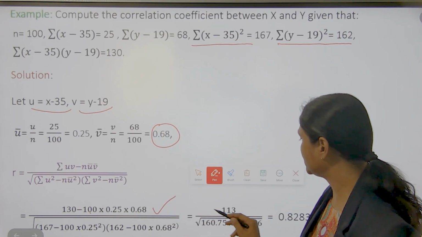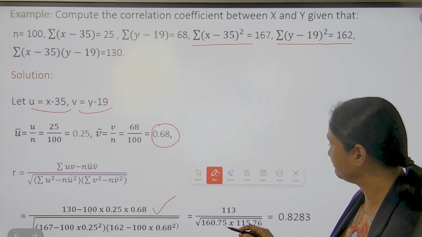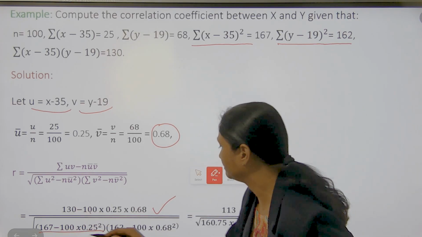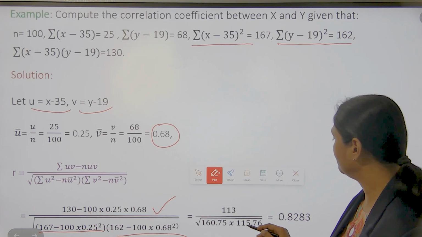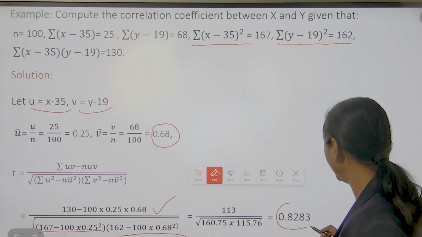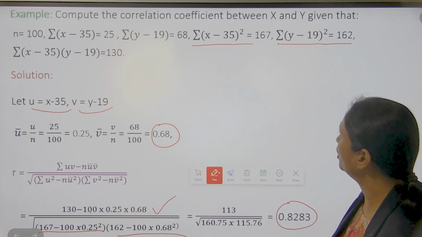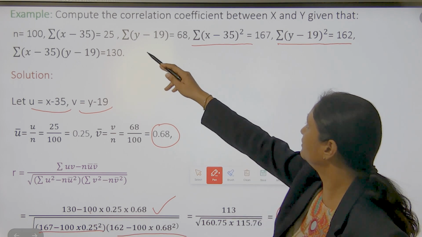Now this total is 113, and the square root of 160.75, this value, and the second value is 115 into 76, and the total is 0.8283. So this is the value of r using the different values.